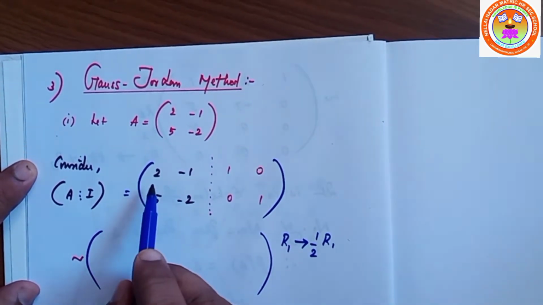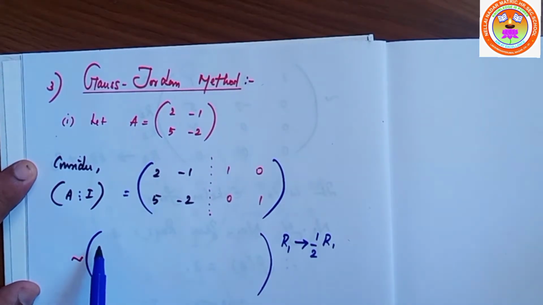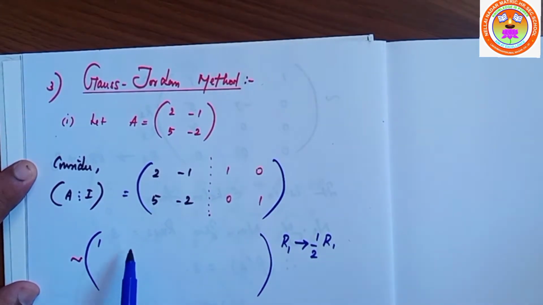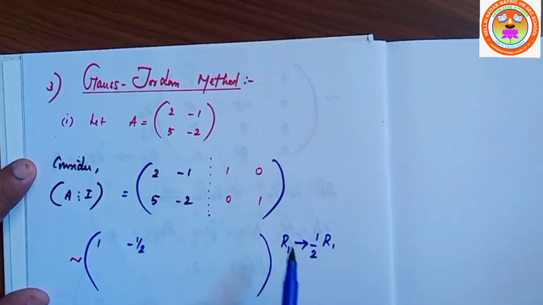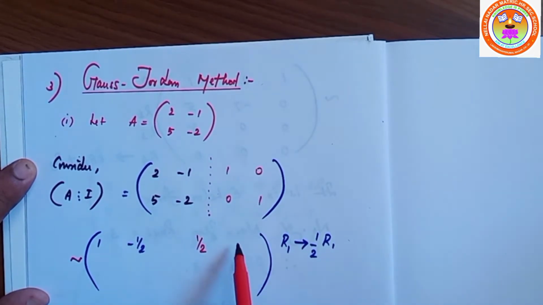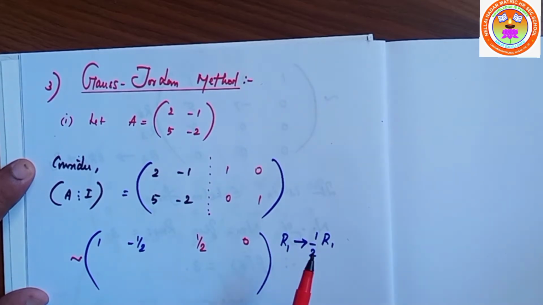If you multiply it by half, 2 into half is 1, minus 1 into half is minus 1 by 2, 1 into half is 1 by 2, 0 into half is 0. I have multiplied each and every element of R1 by half.